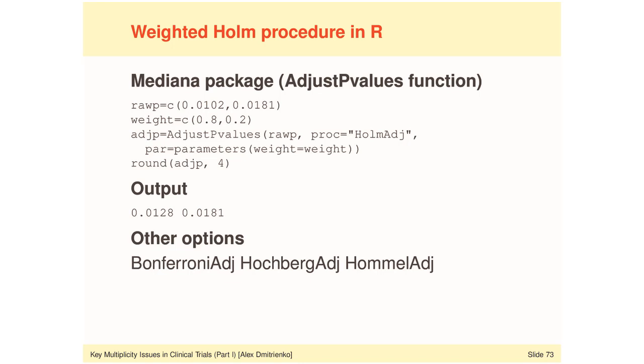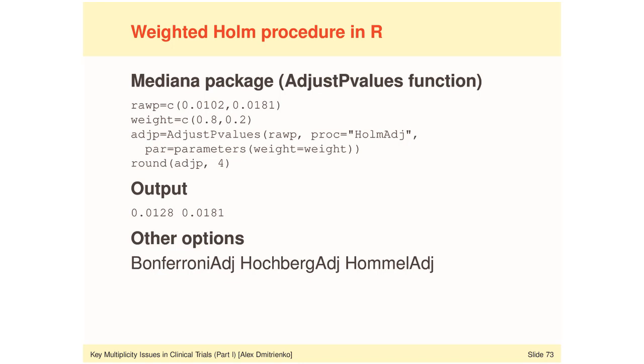In addition to this, there's also an optional parameter called par. This optional parameter defines other parameters. This could be actually a list of several parameters that may be required by the selected multiple testing procedure. For example, we assume in this particular case that the hypotheses associated with the overall survival and radiographic progression-free survival endpoints are not equally weighted, and the hypothesis weights can be specified using the weight parameter.